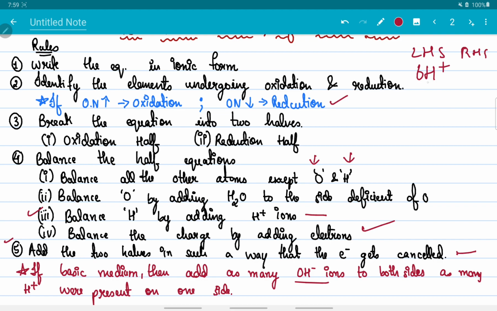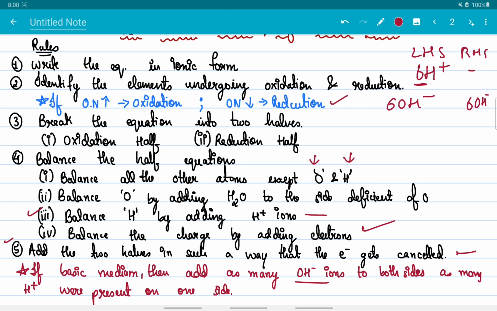There are 6 H plus ions over here and no H plus ions over here. So we will add 6 OH minus ions to both sides: on the LHS, and on the RHS also we will add 6 OH minus ions. So that is one extra step which you have to do in basic medium.